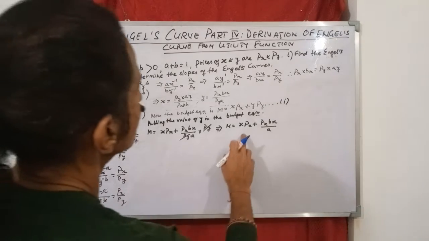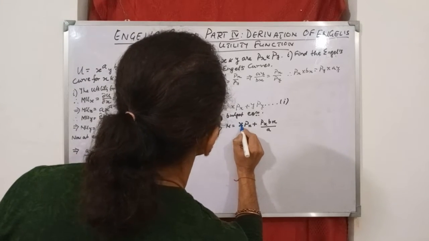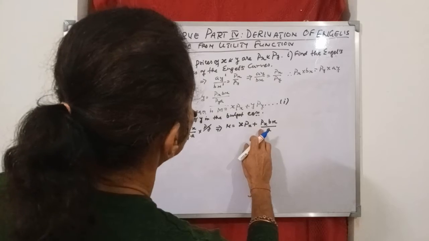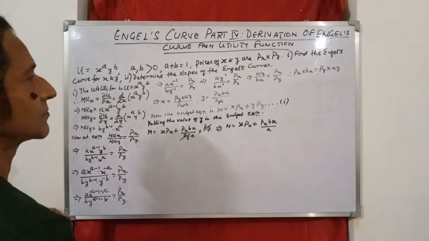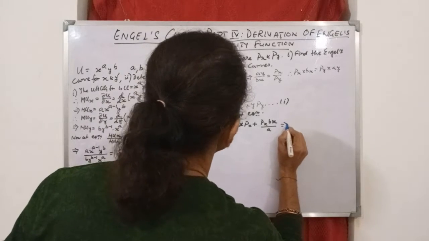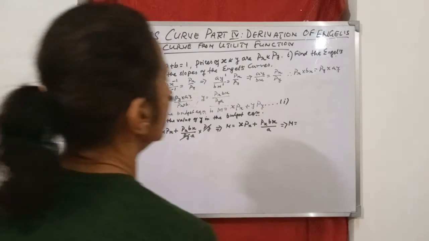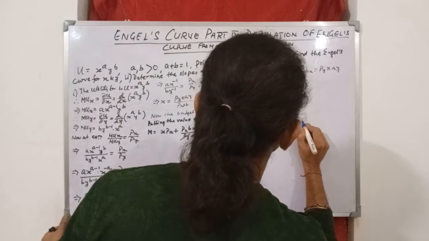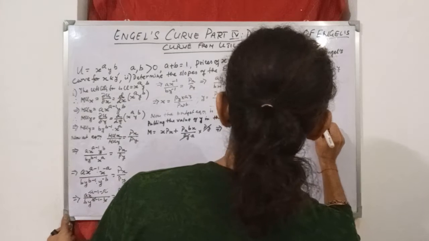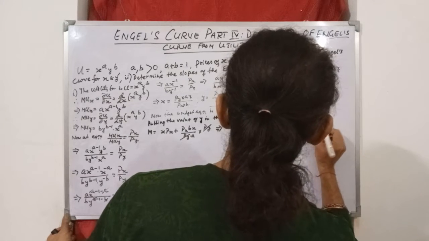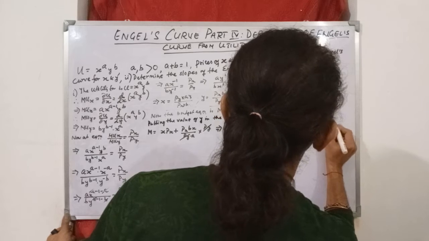So m equals x px plus px into b into x divided by a. This gives us m equals, we take x px common, so remains 1 plus b divided by a.